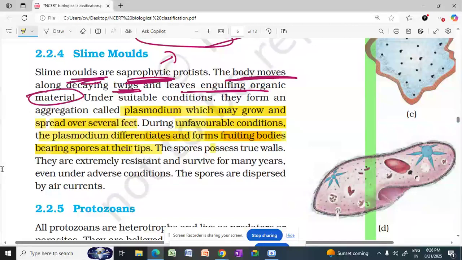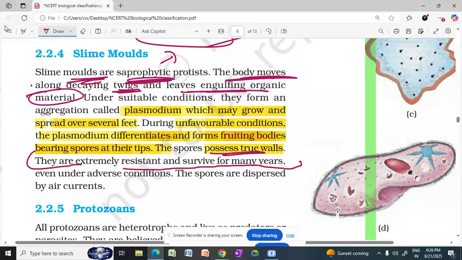The spores possess true walls. Now, what is special about these spores? Underline this: they are extremely resistant and survive for many years.